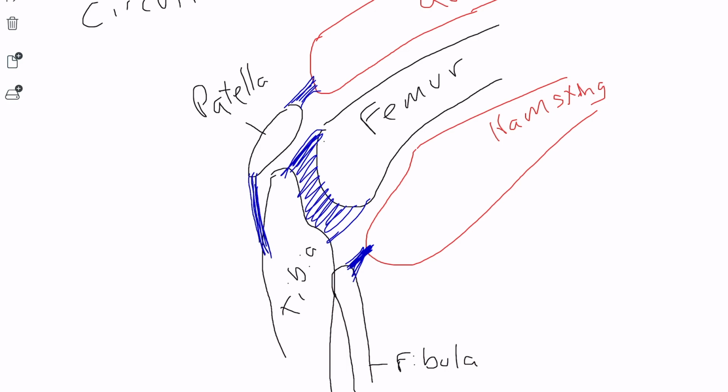Okay. And I guess we should point out the important ligaments and tendons here as well. In blue, we have our patellar ligament. And up here we have our quadricep tendon.